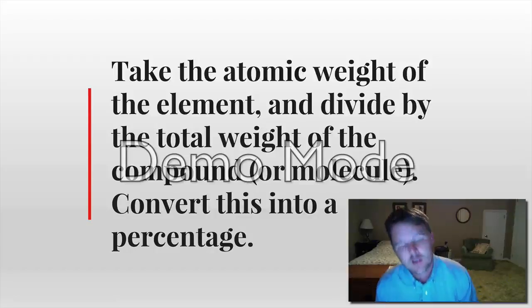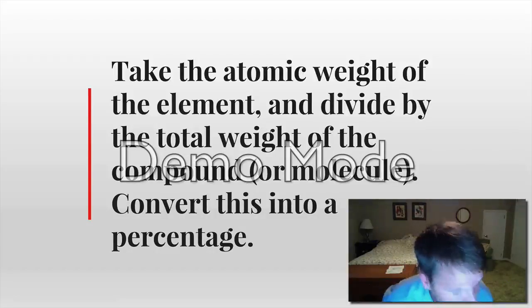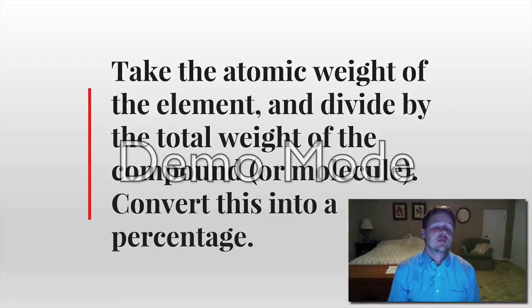So if you wanted to take the weight of a peanut butter and jelly sandwich, imagine peanut butter as an element. You would take the weight of peanut butter and divide that by the total weight of the sandwich, because you want to know how much of the weight of the whole sandwich the peanut butter is.